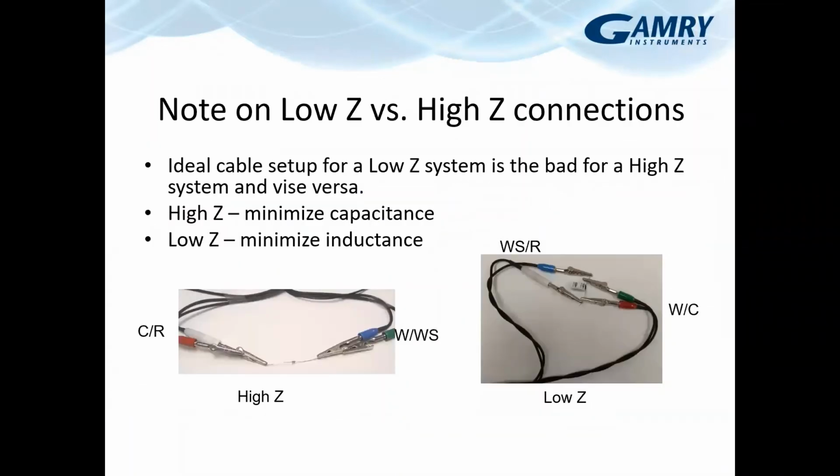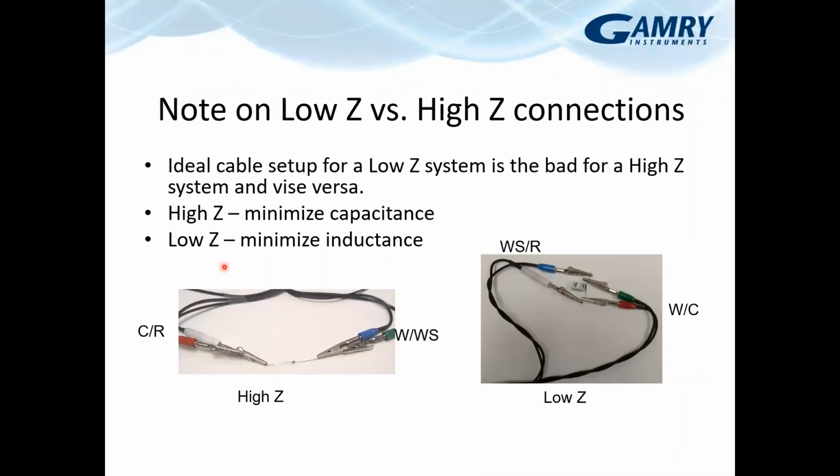Quick note, if you didn't notice, low Z versus high Z connections: the ideal cable setup for a low impedance system is bad for a high impedance system and vice versa. In general, for a high impedance setup, you want to minimize the capacitive pickup that you're getting through the terminals and through the cables, by having them separated.